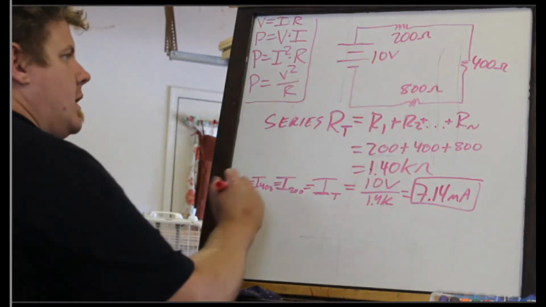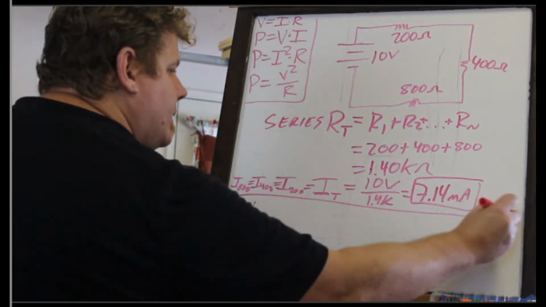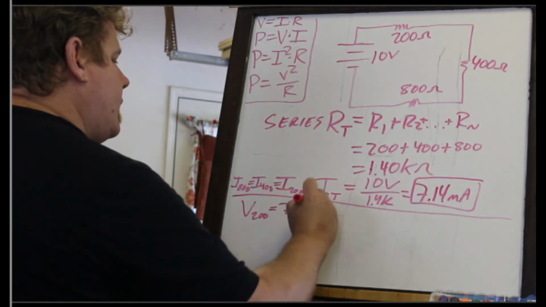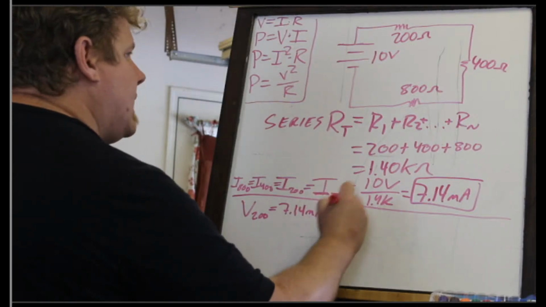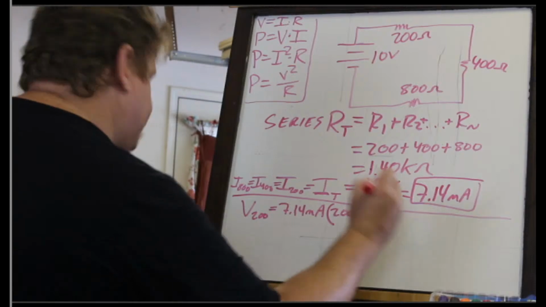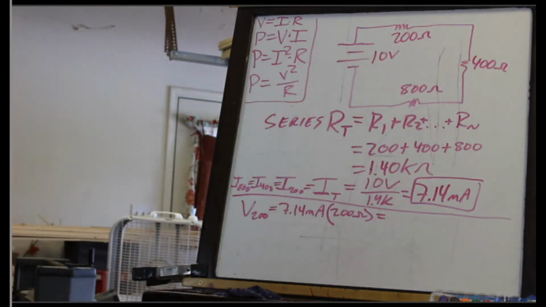So the voltage on the 200 ohm equals 7.14 milliamps times 200 ohms. Let me switch back over here and make sure there are no questions as I go. So 7.14 milli times 200 ohms.